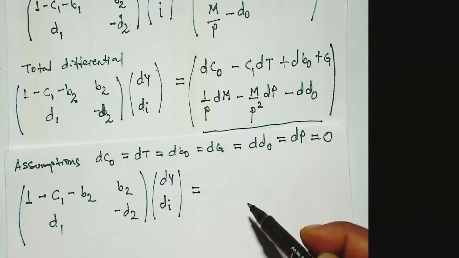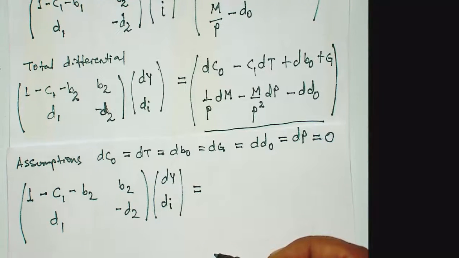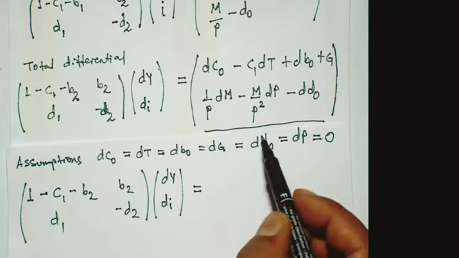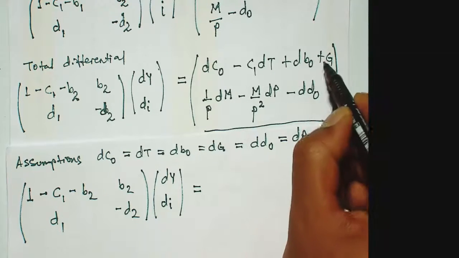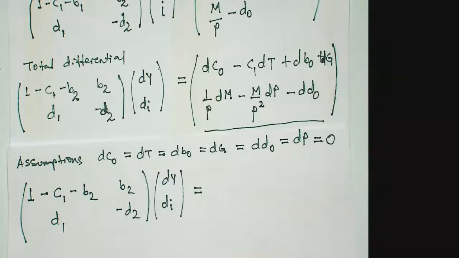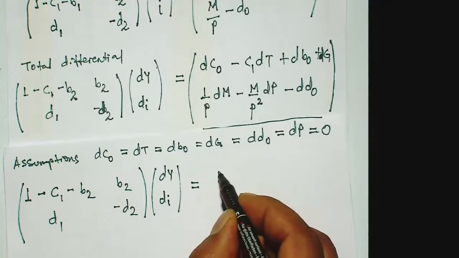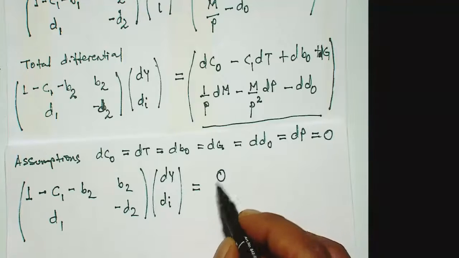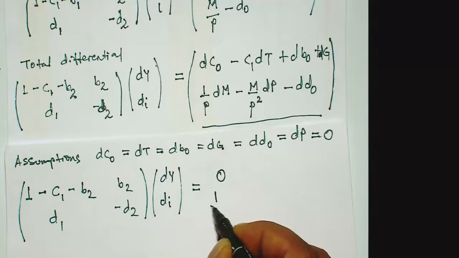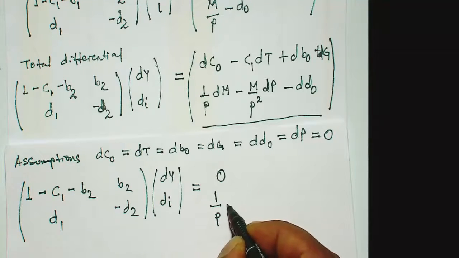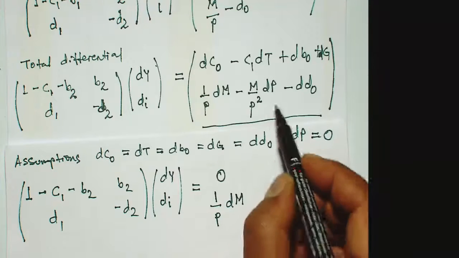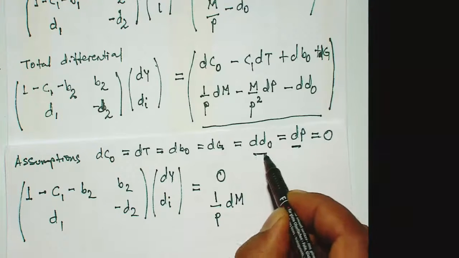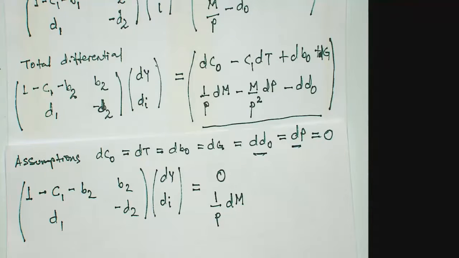The entire term of our IS curve would be changed to 0 because all of the d's here are actually 0. So we would put 0 instead of the entire term. For our LM component, what would be left is 1 over p multiplied by dm, since we have said dp and d0 are equal to 0.